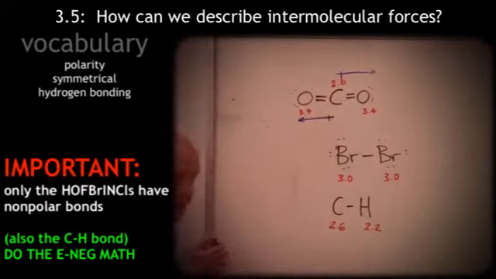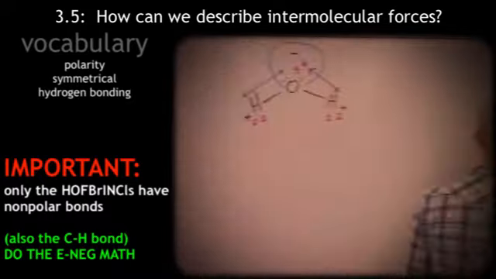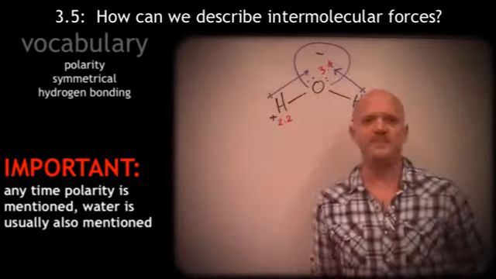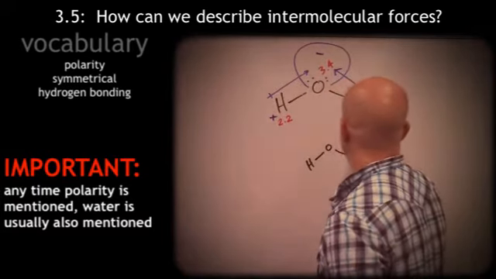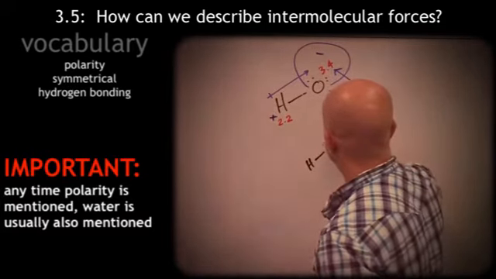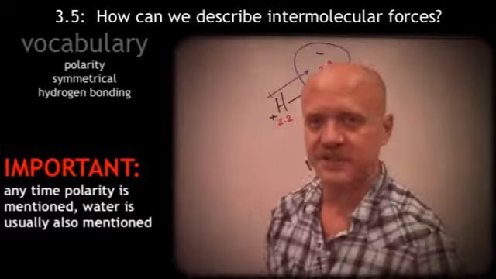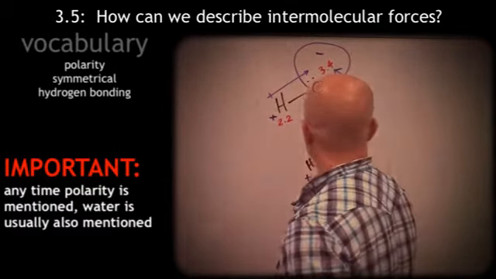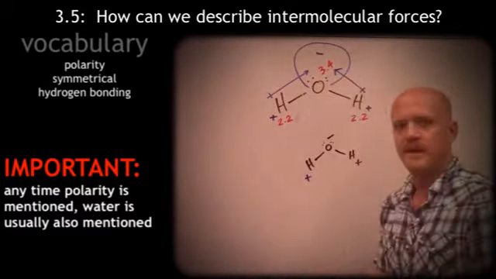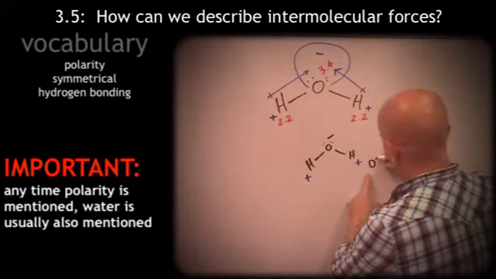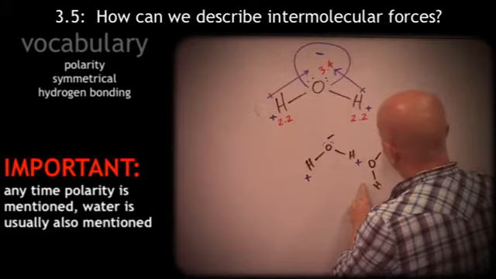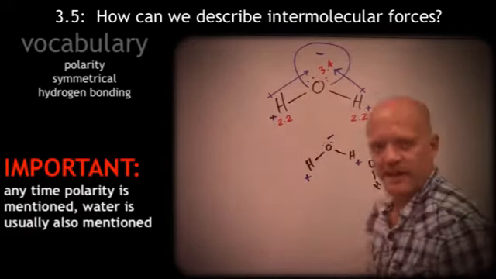Now, let's go back to our example of water. Because water is polar, you're going to have an area that is positive and an area that is negative. Again, the oxygens are negative and the hydrogens are positive. Because of this phenomenon, water is going to stick to itself.